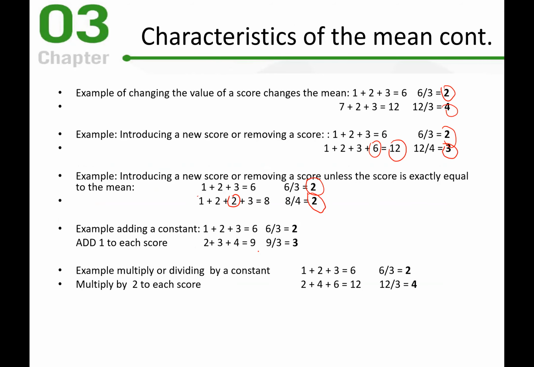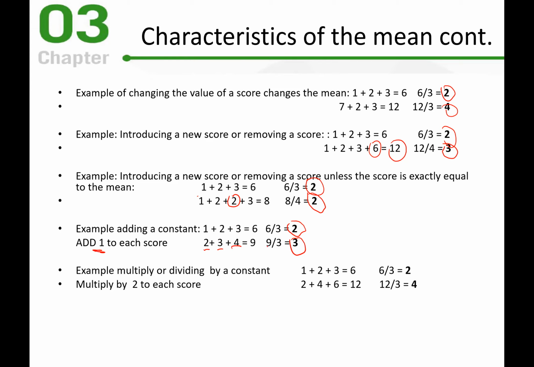All right. So now let's talk about those constants. So let's say I added a constant of 1 to each score. So my scores were 1, 2, and 3, but now I added a 1 to each score. So 1 plus 1 gives us 2, 2 plus 1 gives us 3, 3 plus 1 gives us 4, right? My mean originally was 2, but if I added a constant of 1, well, my mean is just going to change by that particular constant, right?